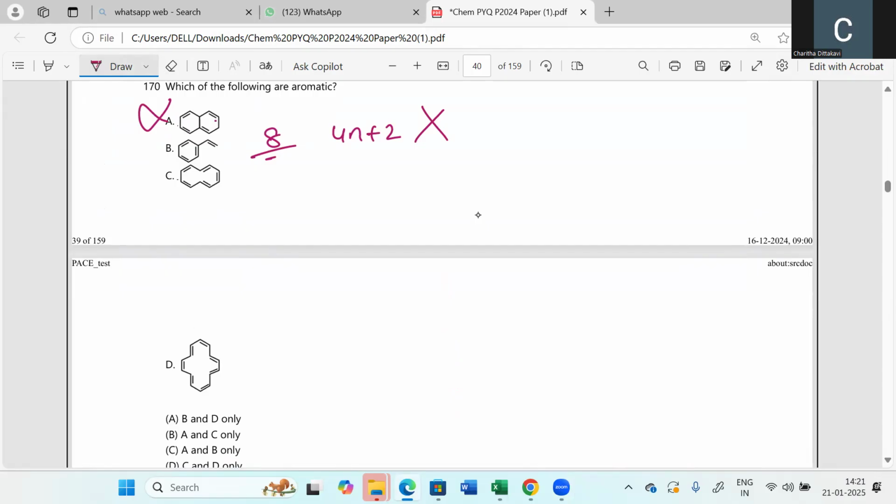1, 2, 3, 4. Do you have any of this aromaticity observed here? Which of the following are aromatic? 1, 2, 3, 4, right? And then you have this arrow here. There is no aromatic thing. Single bond के बाद single bond आया, so no conjugation here definitely.